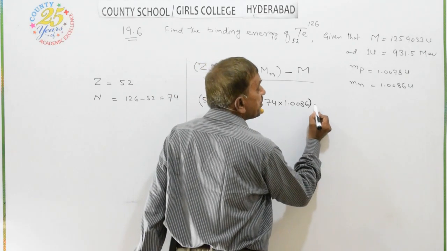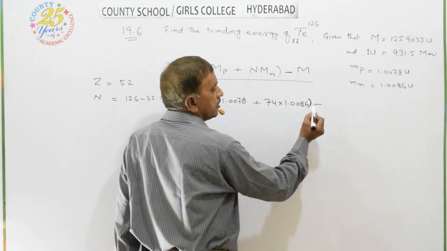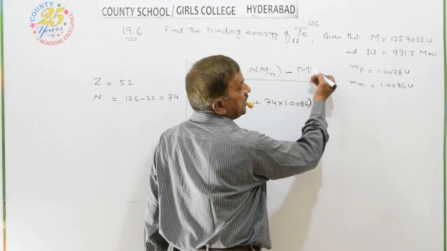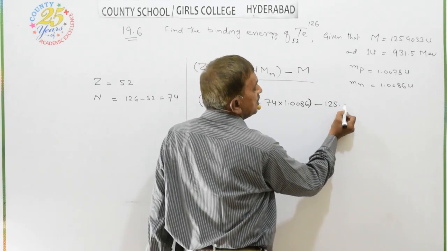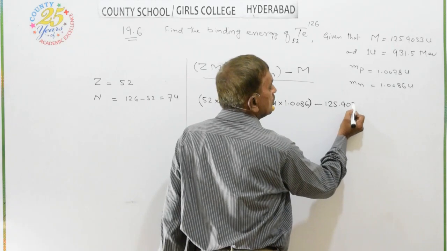And now we subtract the mass which is given in the periodic table, 125.9033.